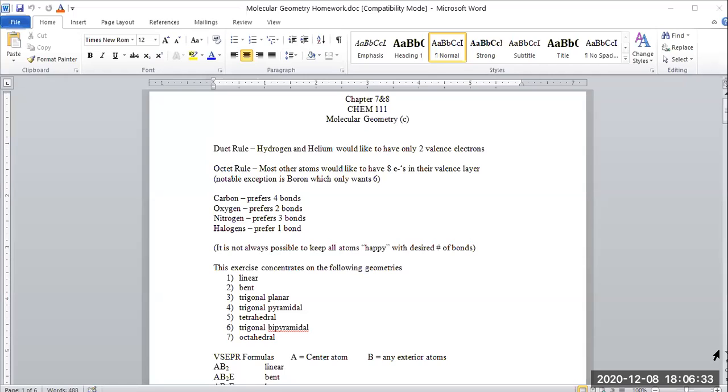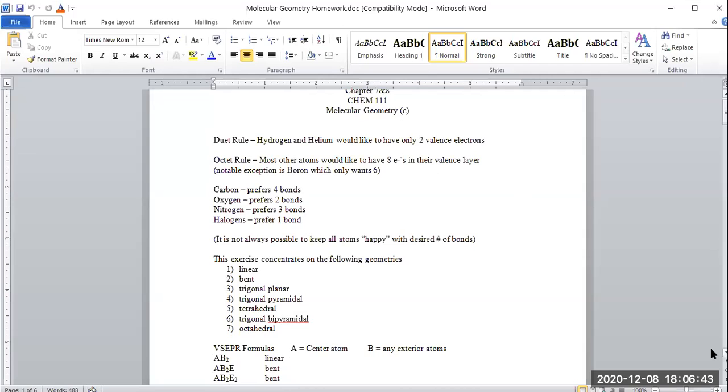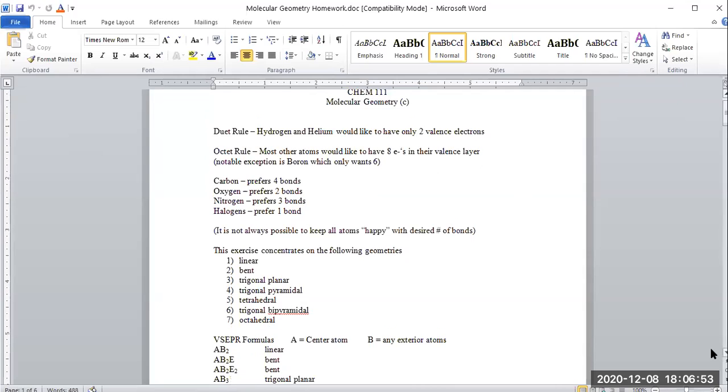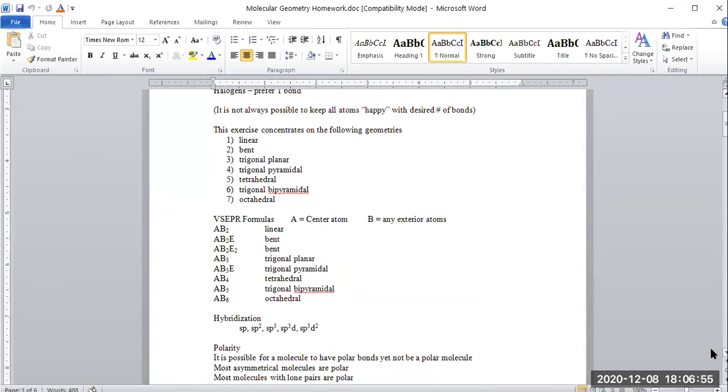All right, this is basically what your homework set looks like. And somebody asked me about this in lab last night. The front page is a reminder of a lot of the things that you need to keep in mind when you are drawing Lewis structures to be able to answer these questions. So it gives you the 7 most common geometries.